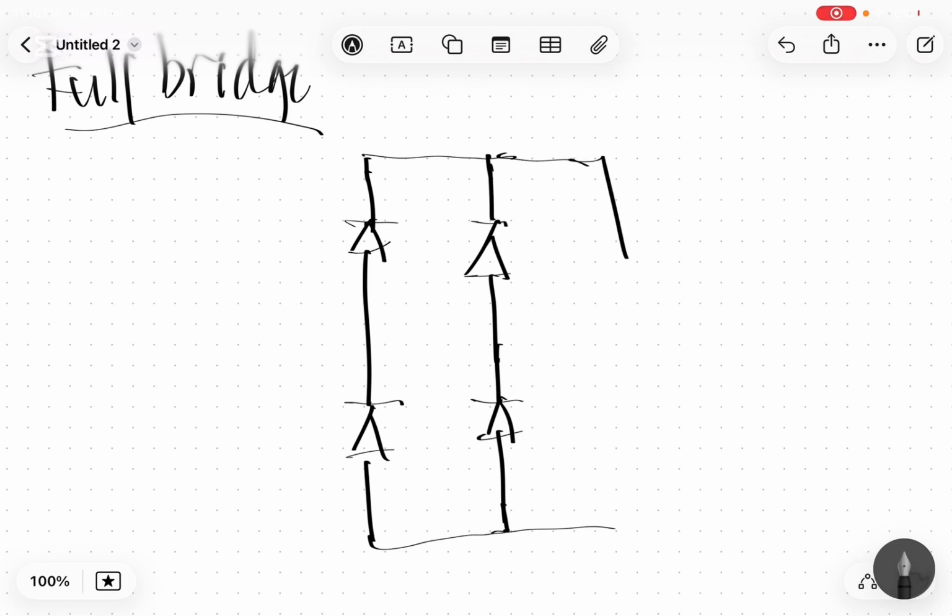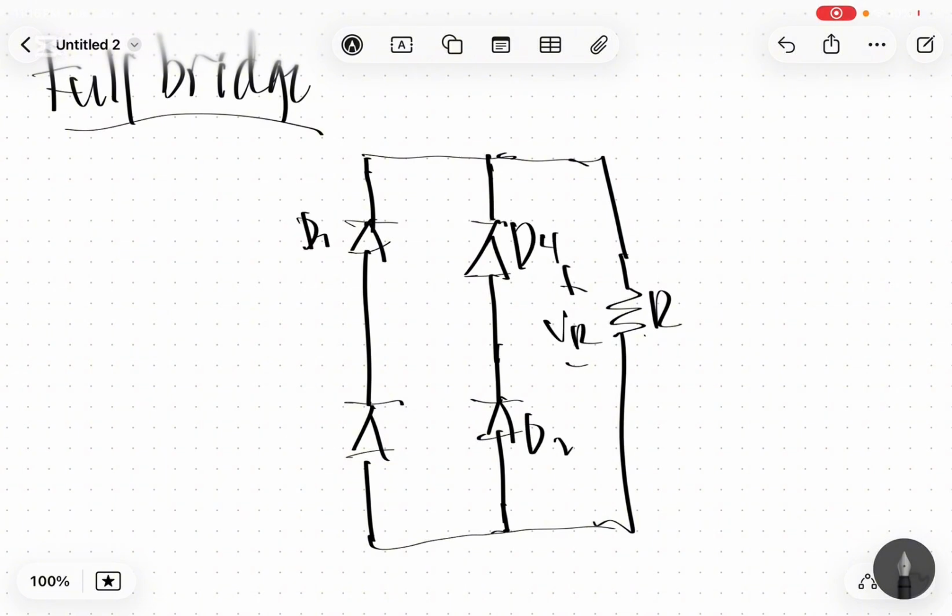Okay, you have a load R, plus, minus, BR, D1, D2, D4, D3, and if you have an AC voltage, so this is the connection.